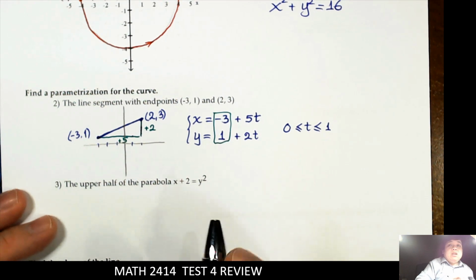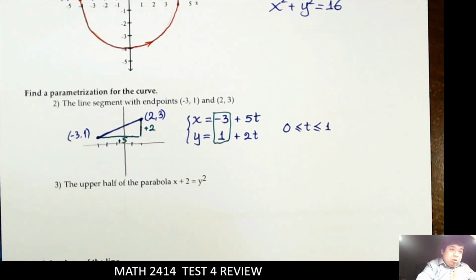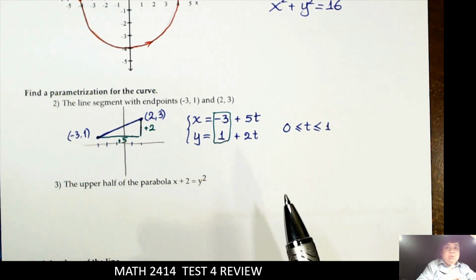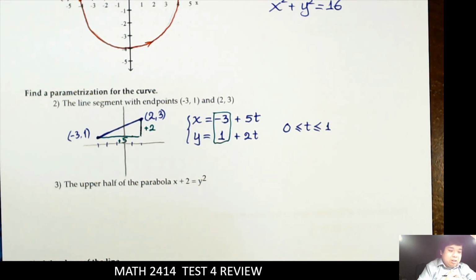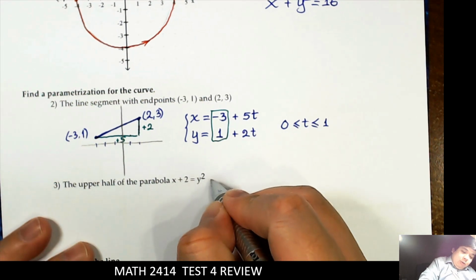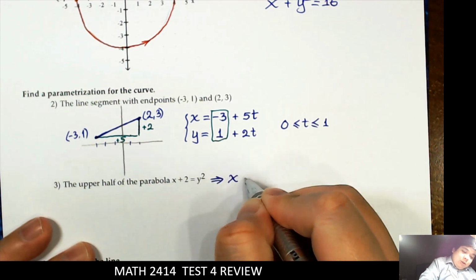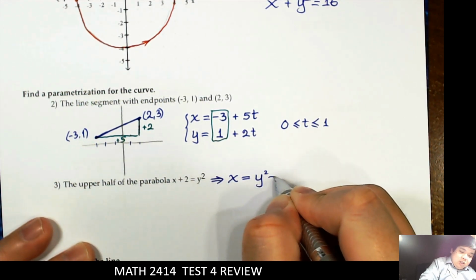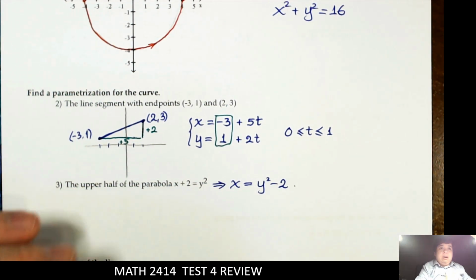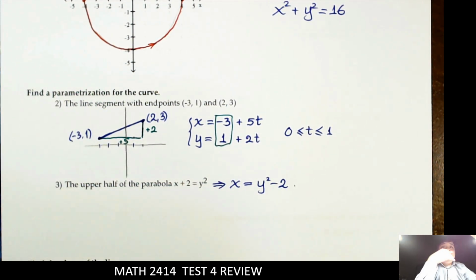So this one is obvious. The easiest way is to choose y to be t, and go ahead with that. From here we can say x equal to y squared minus 2. Right, so that's easy. If we choose y to be a number, then x depends on that.